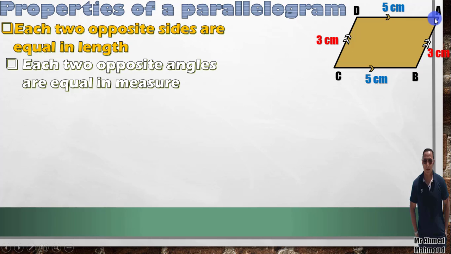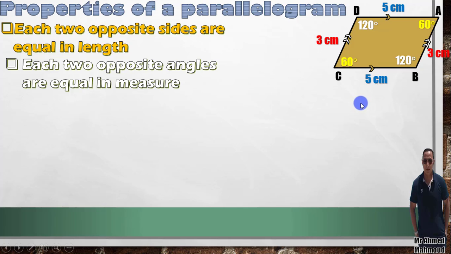Angle A and angle C are opposite to each other, so they are equal in measure. If angle A equals 60, then angle C equals 60. Angles B and D are opposite angles, so they are equal in measure. If B equals 120, then D equals 120. So each two opposite angles are equal in measure.